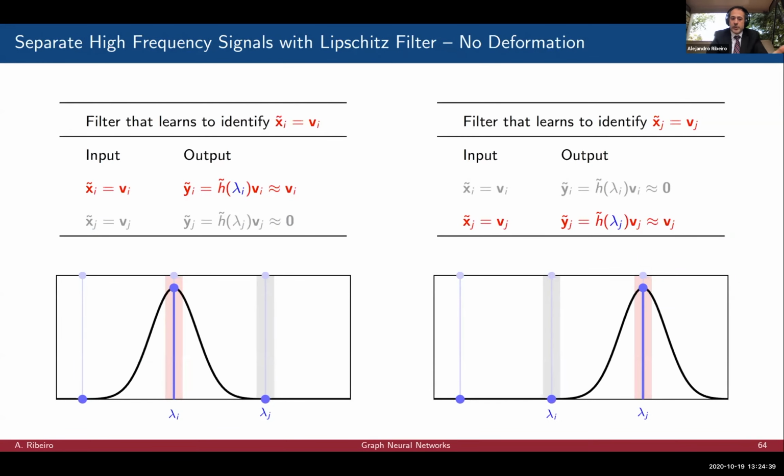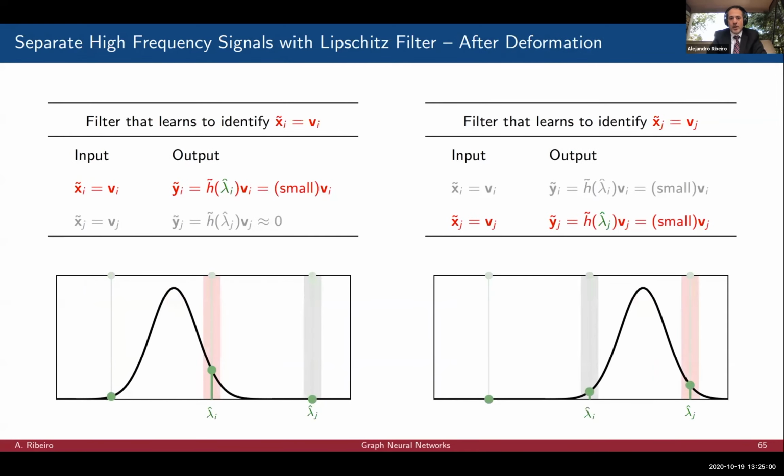What I mean more precisely is the following. Suppose that you're trying to discriminate features lambda i and lambda j, and you have trained your filter to do that. So this is the filter that learns to discriminate lambda i. This is the filter that learns to discriminate lambda j. You train your filters today, right? So tomorrow you execute a filter on a small perturbation. What's going to happen?